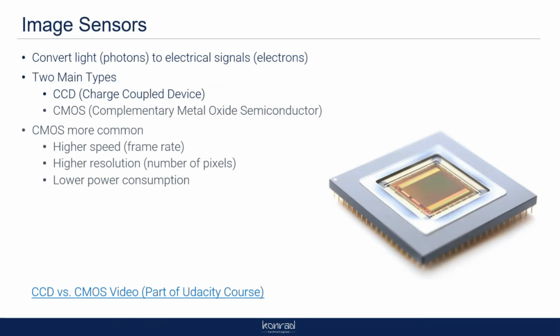An image sensor, and this is for every camera, comes in 2 main types: CCD or CMOS. CMOS is the most common because it has higher frame rates and resolution and lower power consumption. CCDs are more the original cameras you'd see in the early 2000s. All an image sensor does is convert light to an electrical signal, and different cameras convert things differently.